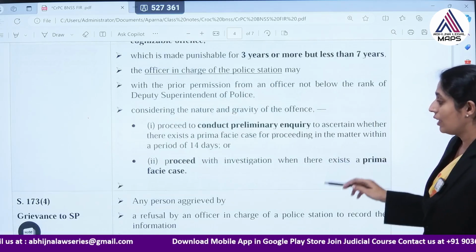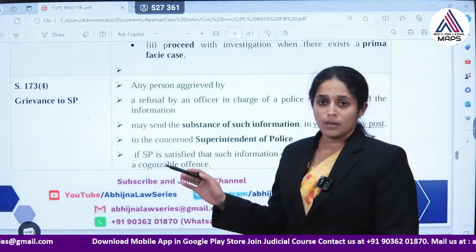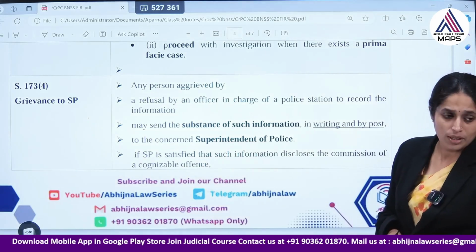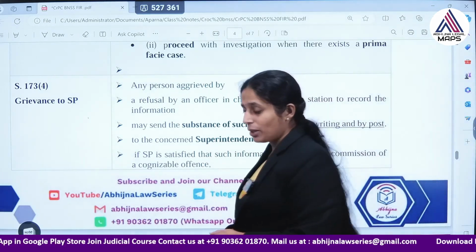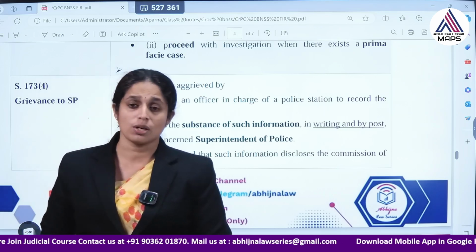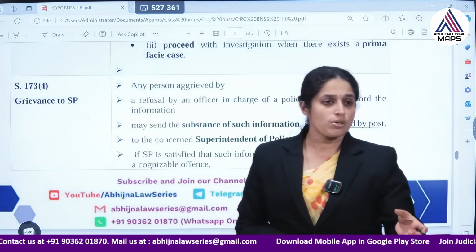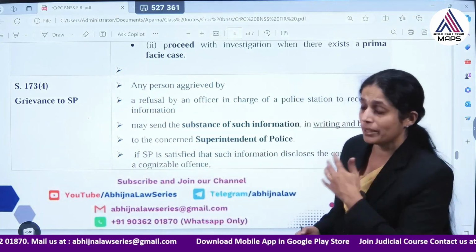And one more thing, the last provision, which is the same as in the earlier criminal procedure. It says that if a person is not satisfied because the officer in charge of the police station has not received his information, then he can write the substance of the information and he can post it to the superintendent of police, he can post it to the SP.